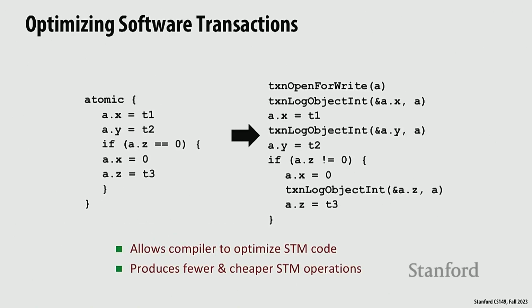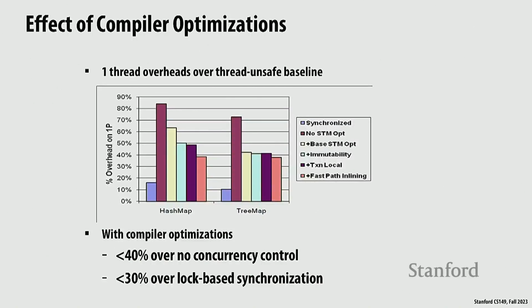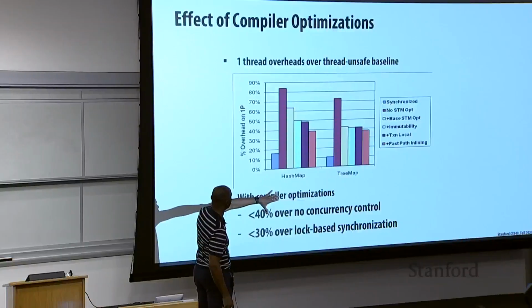Then the question is, once you're done with this kind of optimization, what kind of performance do you get? So this is some data from one of the papers that was published on McRT, and it's looking at two data structures, hash map and tree map.